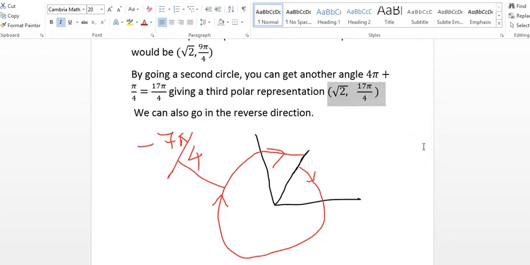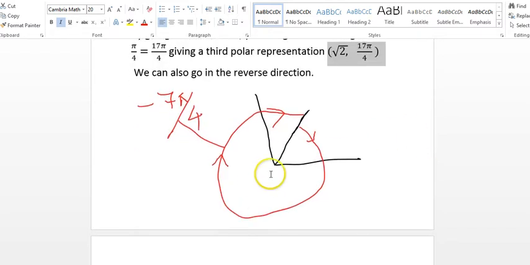If I want, I can also take the angle in the negative direction. Recall, this is our original point. So instead of going this way, I can go this way. If I go that way in the negative direction, what will my angle be? It will be pi over 4 subtracted from 2 pi, because this is almost a circle but you subtracted pi over 4.